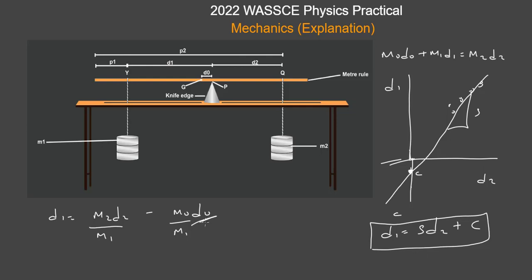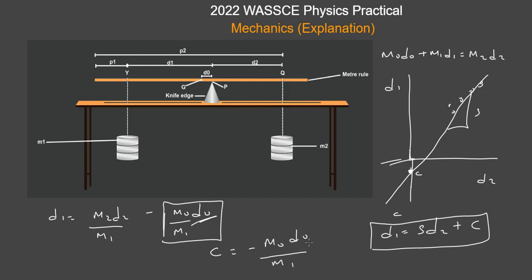We are not going to be moving d0. The knife edge is fixed, and because it is fixed, we will have a fixed d0. So the whole of this is a constant. It means C is equal to minus m0 d0 over m1. So we can easily know that this y-intercept should be something like this.